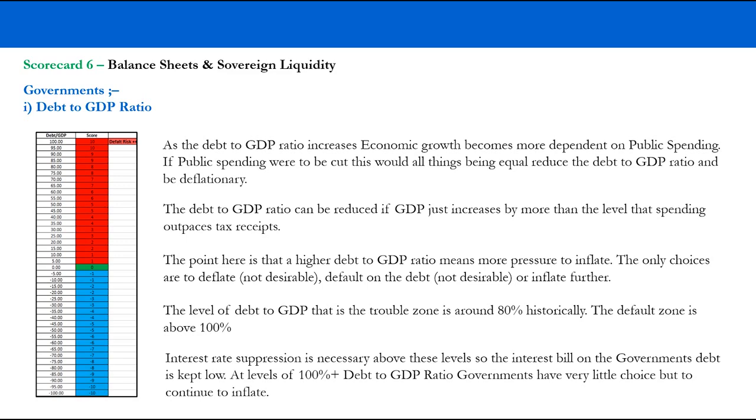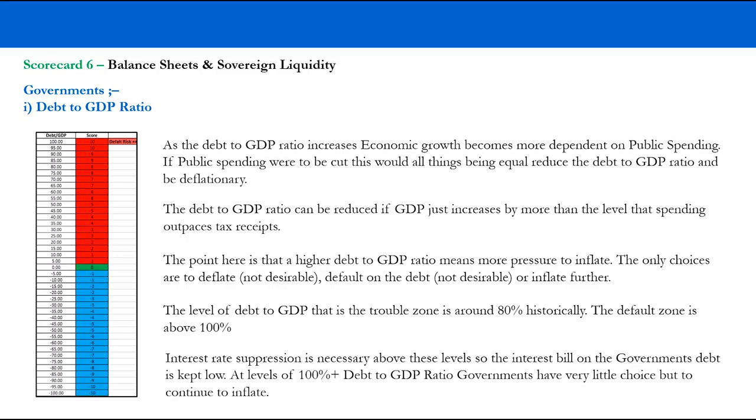And historically, when we look at capitalist history, the level of debt to GDP that is really the trouble zone, so where economies or governments start to get into problems in terms of paying their liabilities, as in the interest on that debt, is around 80% historically.